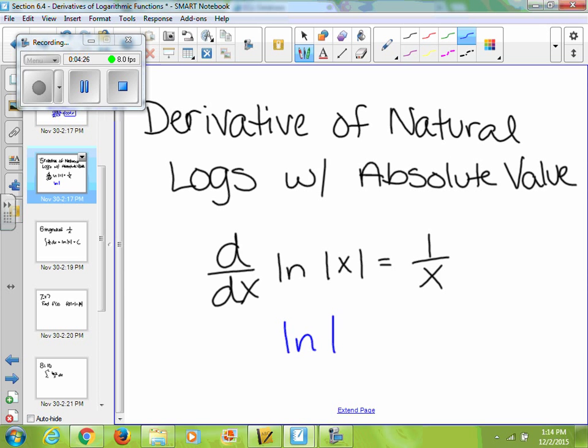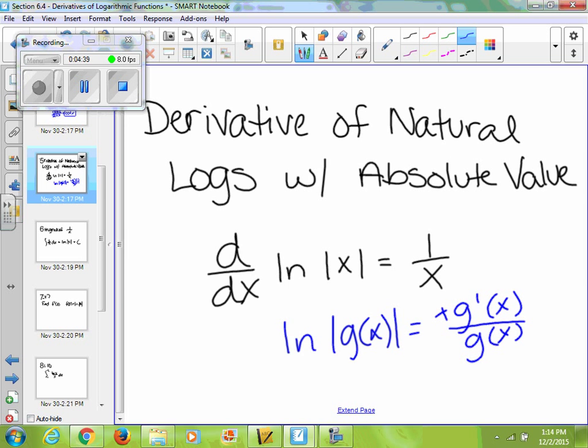This also means that the derivative of the natural log of the absolute value of any function is equal to the derivative of that function divided by that function.